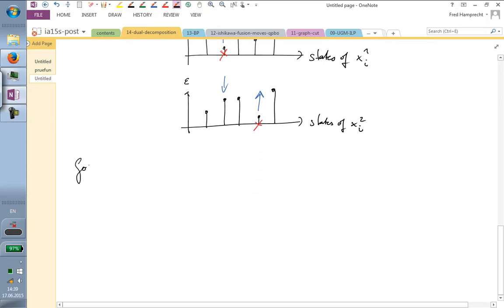So the goal is to first choose some reparametrization or some decomposition.